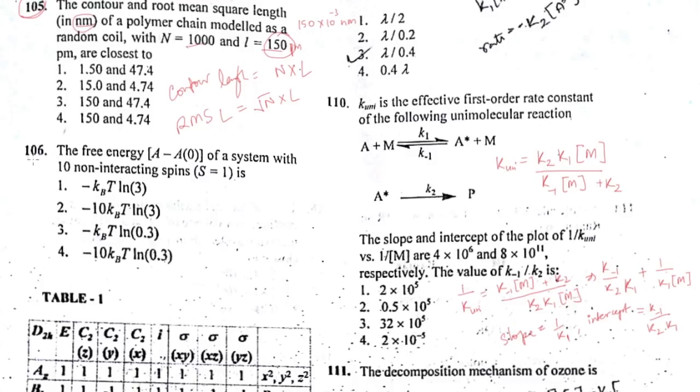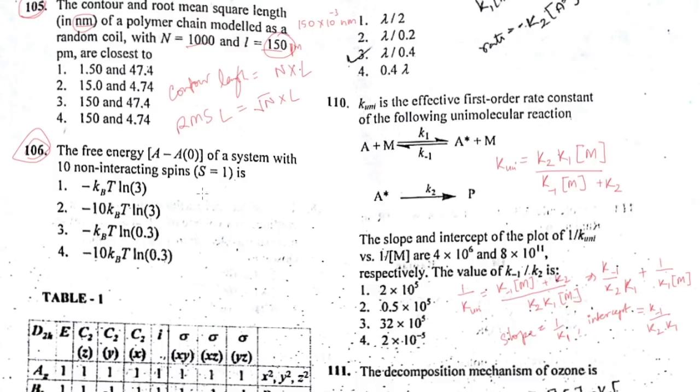Okay, so let's talk about 106. Over here it says the free energy of a system with 10 non-interacting spins. You have 10 non-interacting spins, and since the spin is given to you as 1, you'll consider them as bosons. I have told you about fermions and bosons, so that doesn't make much difference.